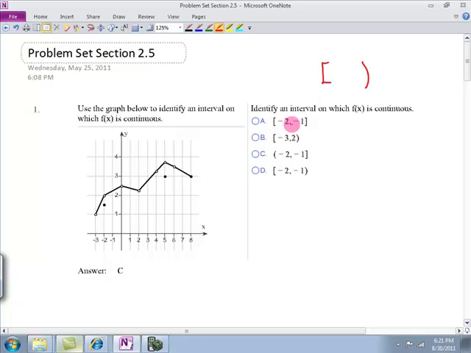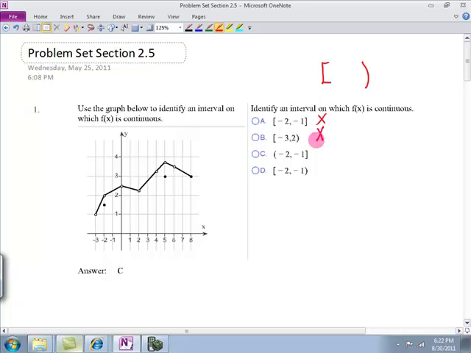So from -2 to -1. They're both in brackets, but what's wrong with -2? It doesn't work there. So nix that one. All right, -3 and then up to +2. So from -3 to +2, we got some holes in there.